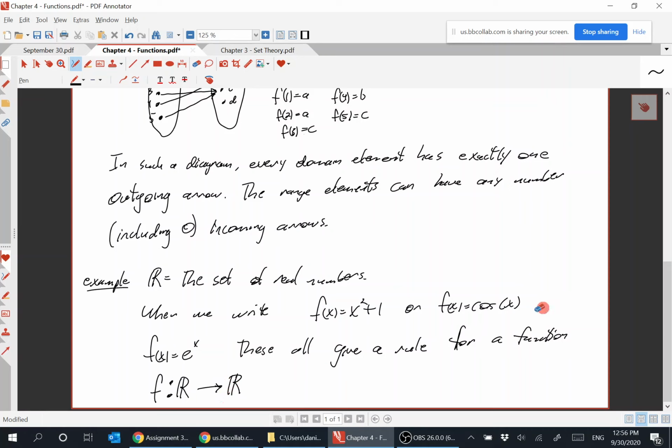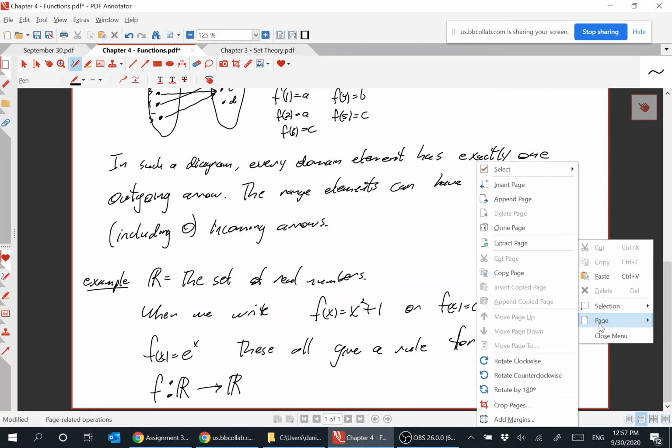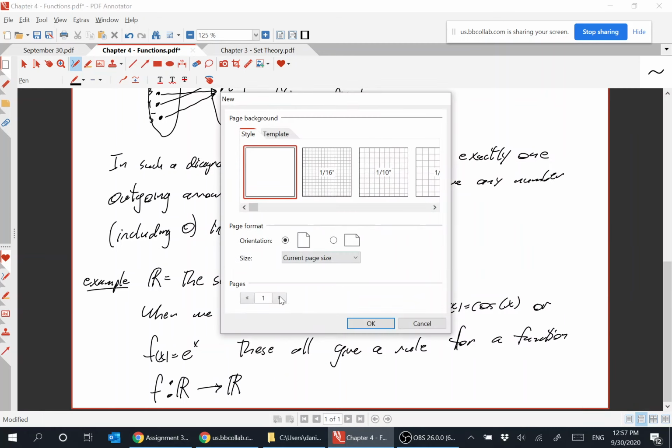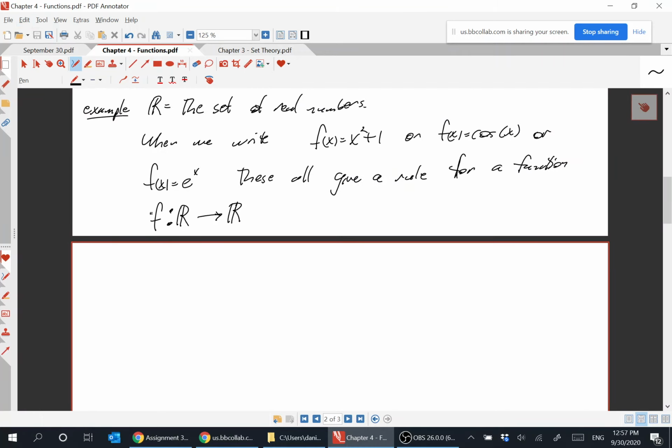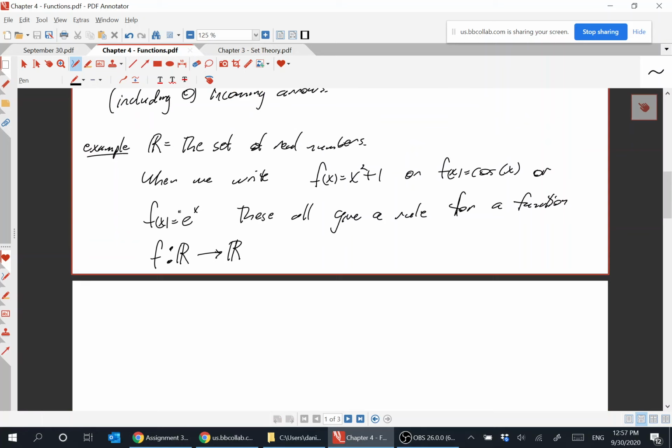What about if I said log of x? Is that a function for the real numbers? So we listed a couple functions here: f of x equal x squared plus 1, f of x equals cosine x, f of x equals e to the x. What about f of x equal to log x? Yeah, that'd be a function, but not for all real numbers, right?